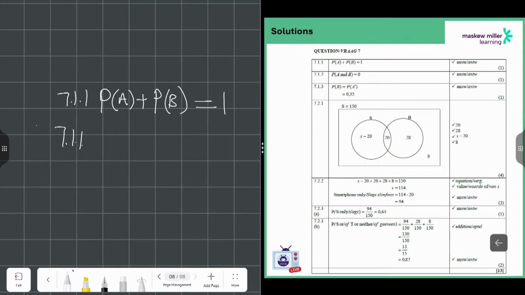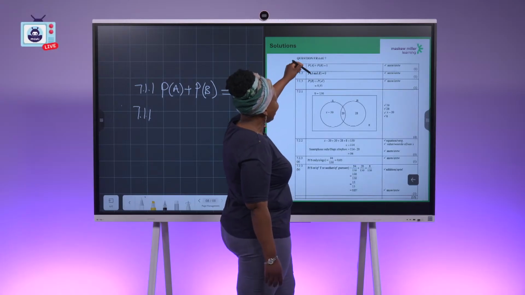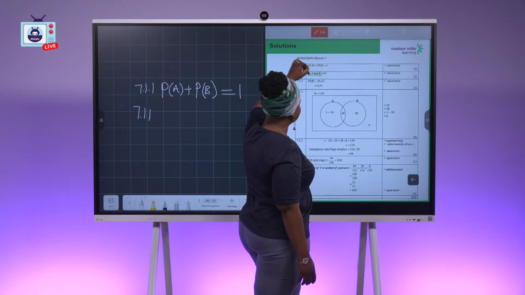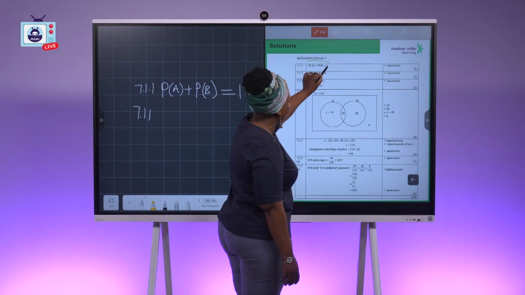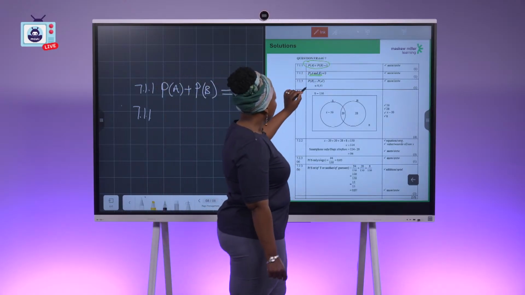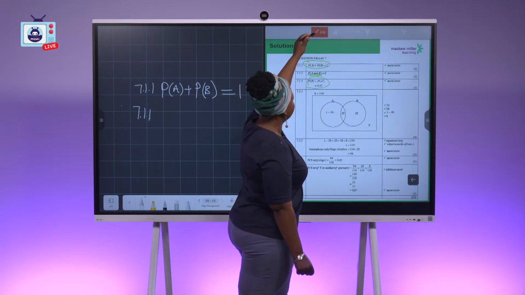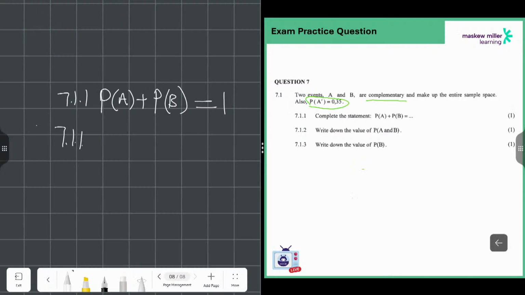The probability of A and B is not going to be possible, because that's an "and" statement, and we're told that it can't happen since we have a complementary statement there. And then the last one was for us to find the probability of B, which is not A. So that's what we are looking for.